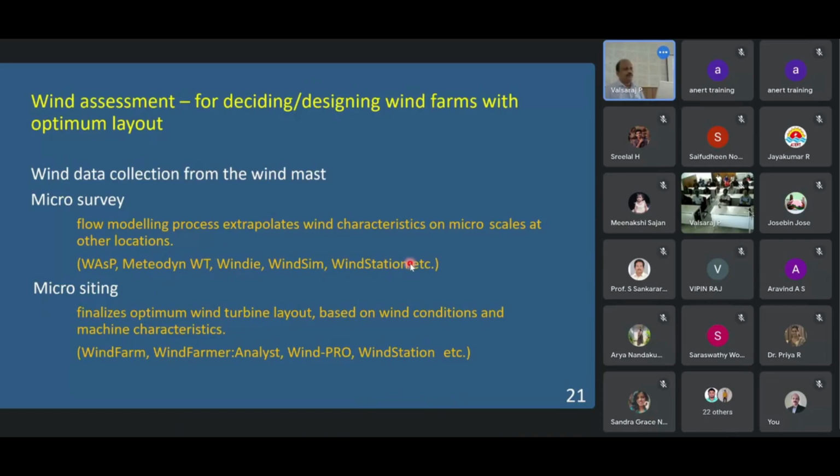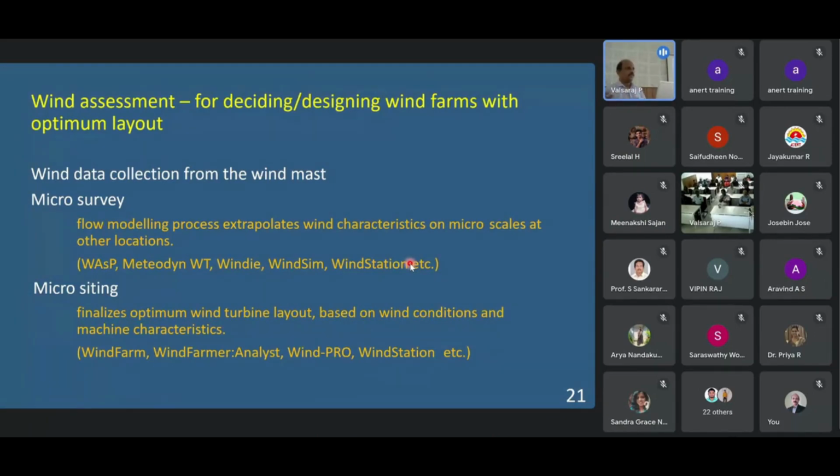Now wind resource assessment involves these different aspects. Data collection from the wind mast. Then the data collected from a wind mast can be extrapolated around it. That's called micro survey. Once you take the wind data at a point, you can extend it to a wider area by inputting other parameters, climatic and terrain parameters.